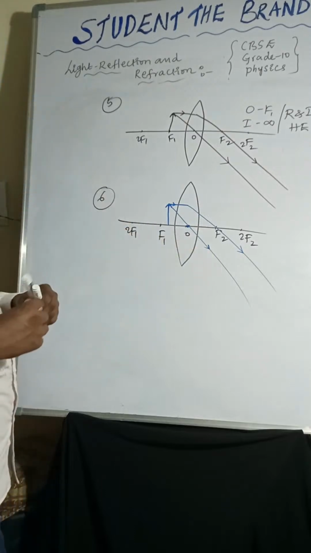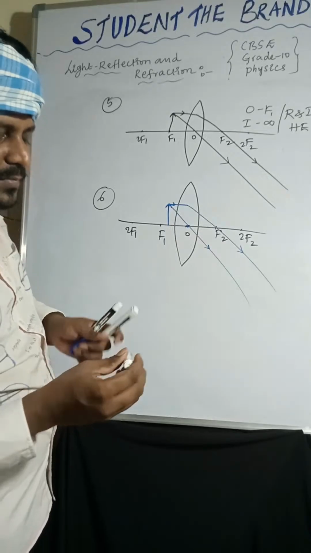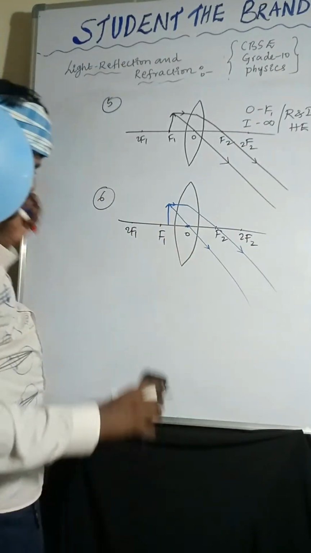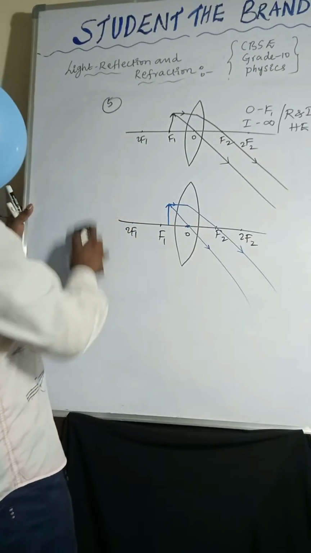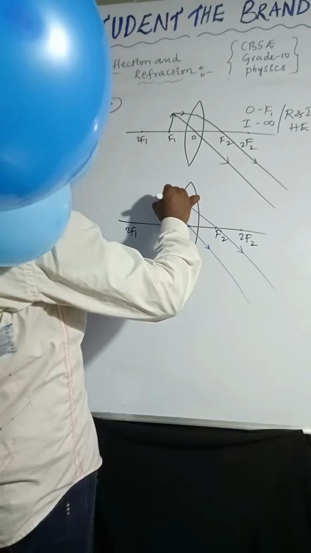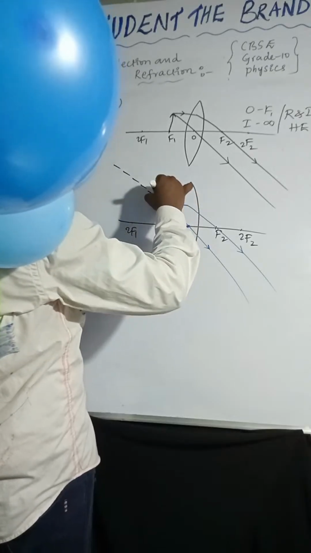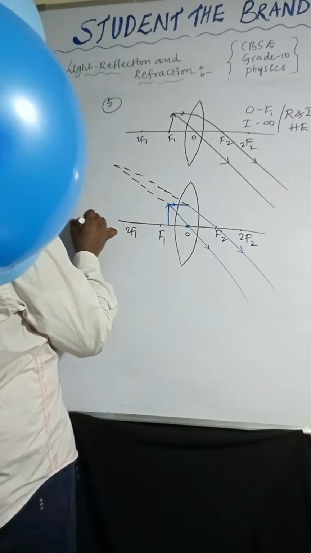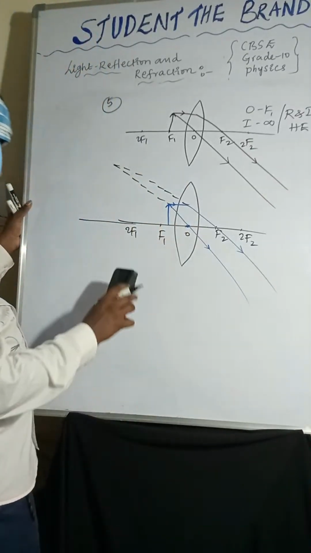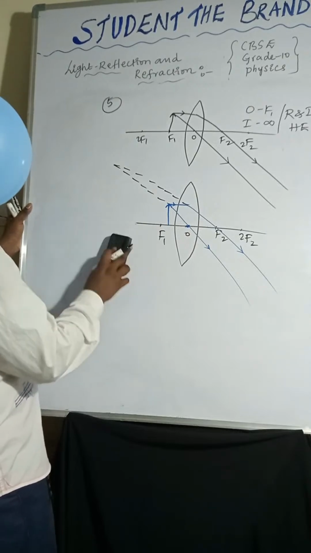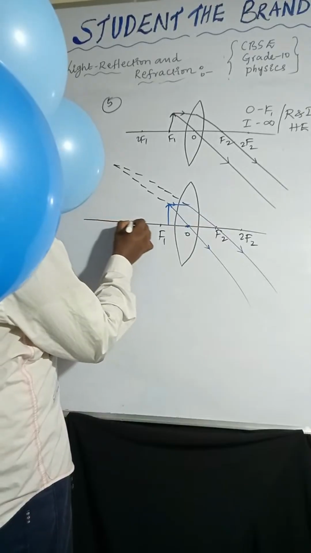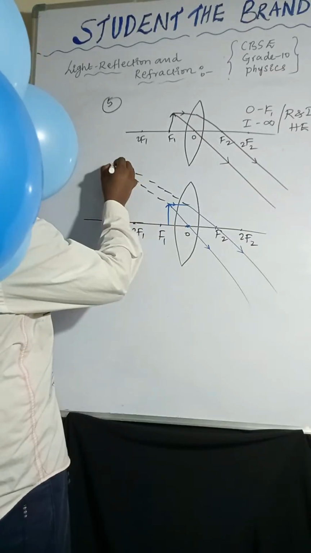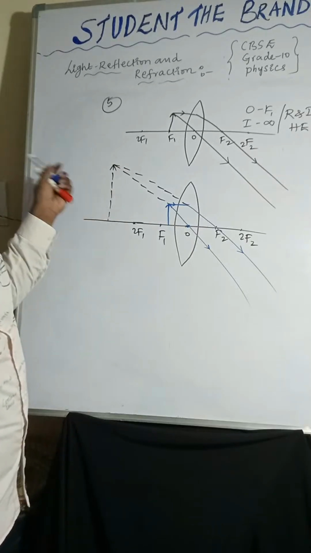If you extend those light rays, the image will form on the same side of the object.